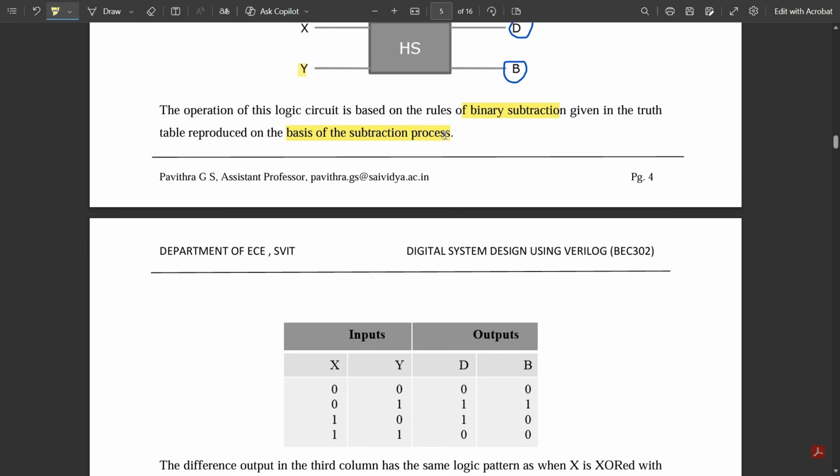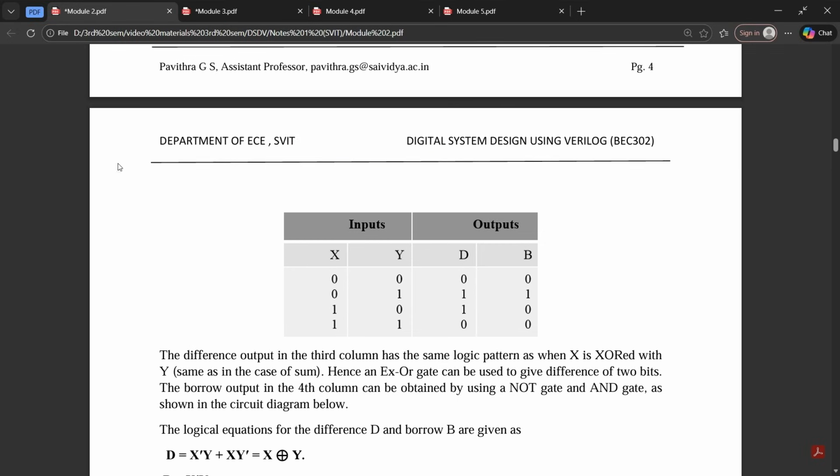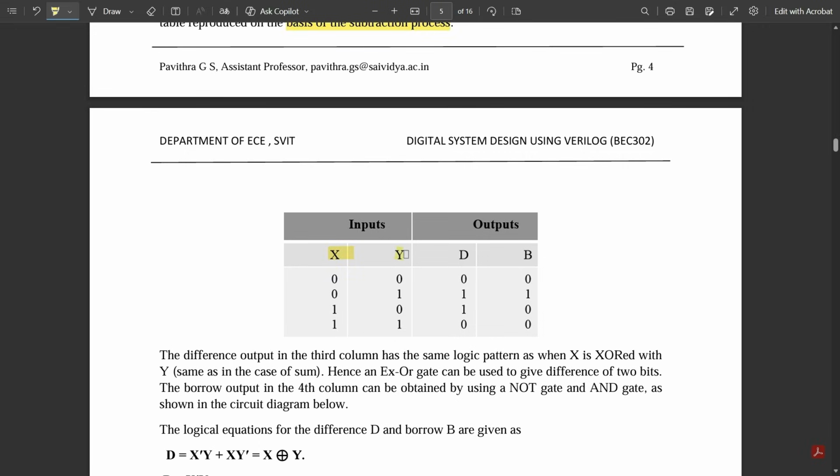Okay, so how that is done, it is mentioned in this truth table here. So this is the truth table of the basic half subtractor circuit. As I've told you, we are having two inputs, so totally 2 to the power n combinations, that is four combinations would be there, that is 00, 01, 10 and 11. And for these four combinations, first you need to be finding the difference values along with the borrow values.